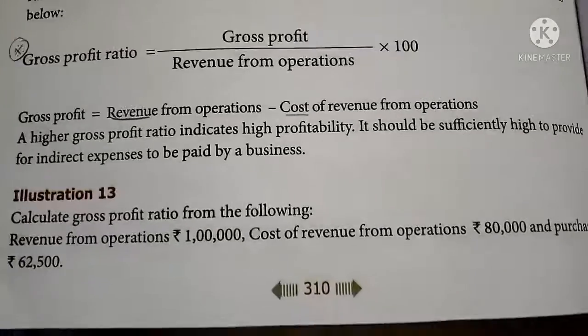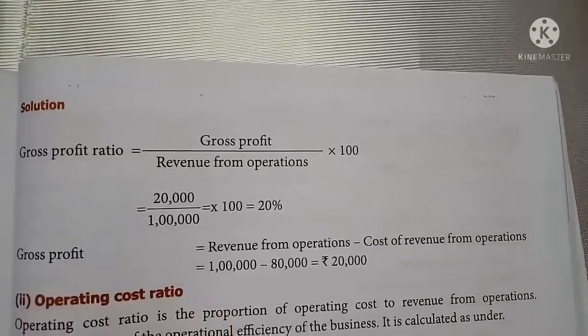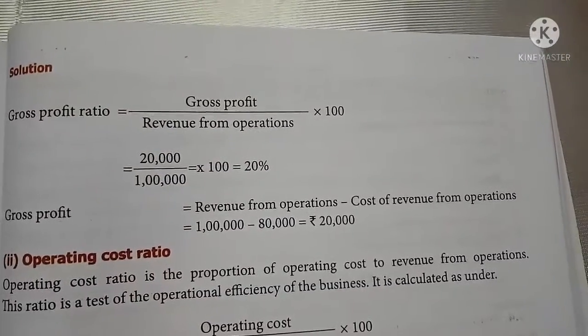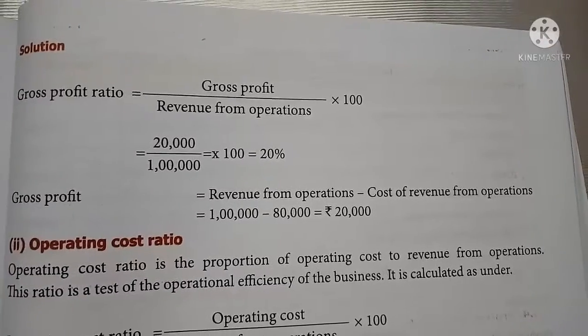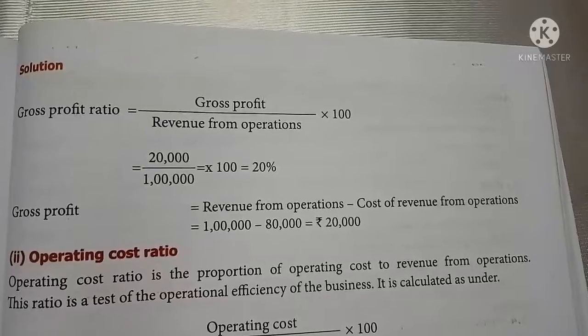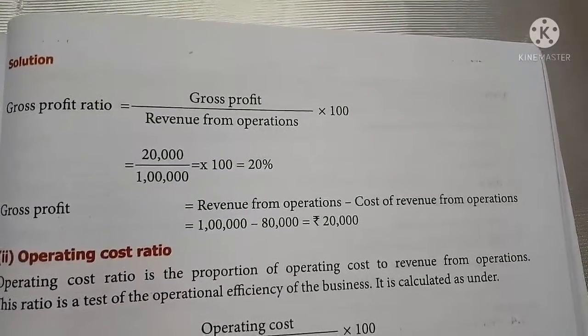First you should find the gross profit. The formula is revenue from operation minus cost of revenue from operation. Revenue from operation is 1 lakh, cost of revenue from operation is 80,000. Subtracting these two values, the gross profit is 20,000.